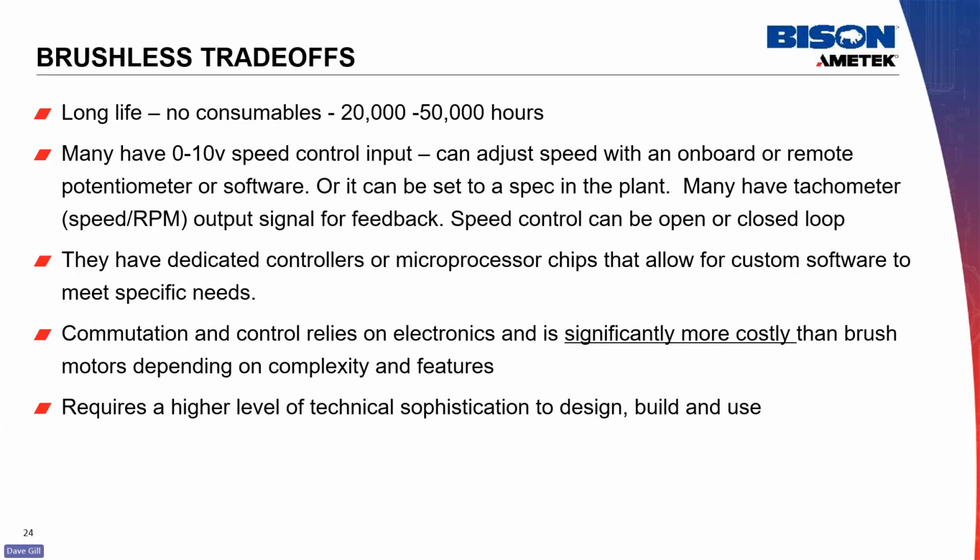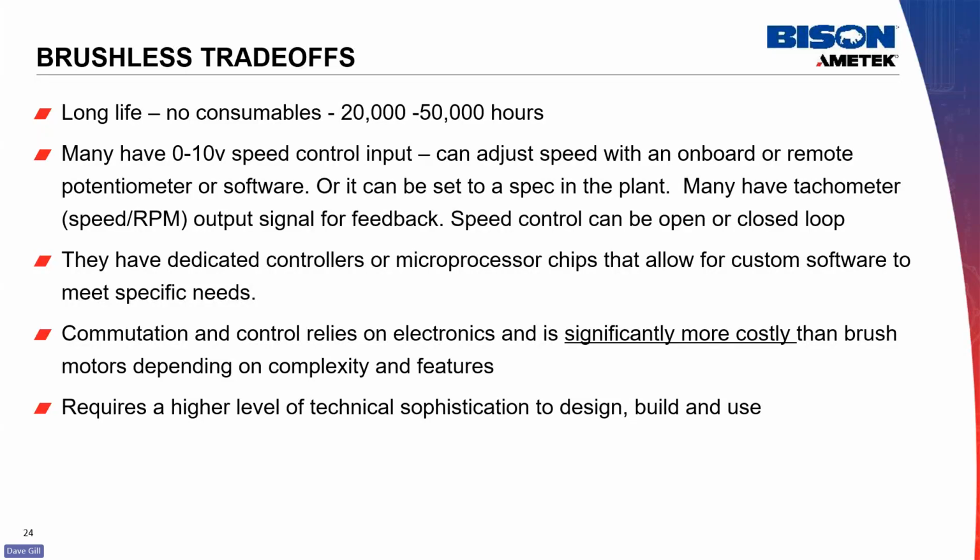Now, brushless motors, what are their trade-offs? Well, long life is a very positive thing. There's no consumables. There's no brushes to wear out. In our brushless motors, we typically advertise 20 to 50,000 hours of service life.